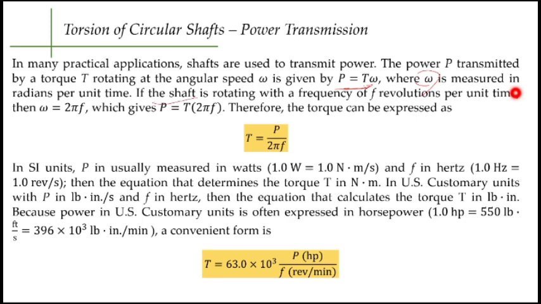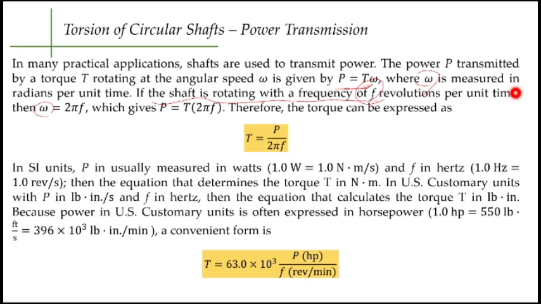Now, if the shaft is rotating with a frequency f, usually in hertz, 1 hertz is equivalent to 1 revolution per second, right? So omega now becomes 2 pi f, wherein the 2 pi is the conversion from revolutions to radians, because again, omega is in radians per unit time.